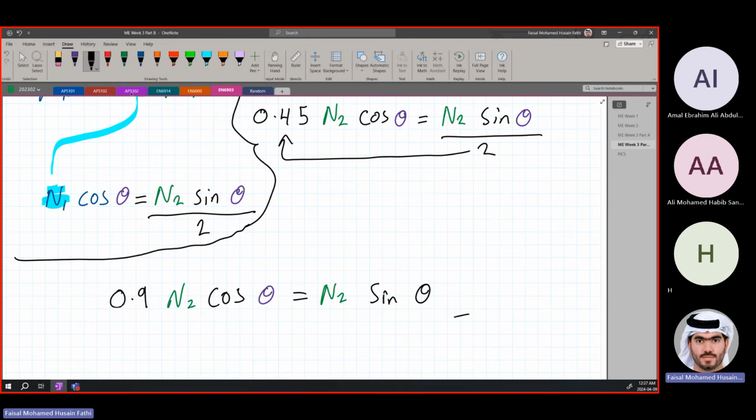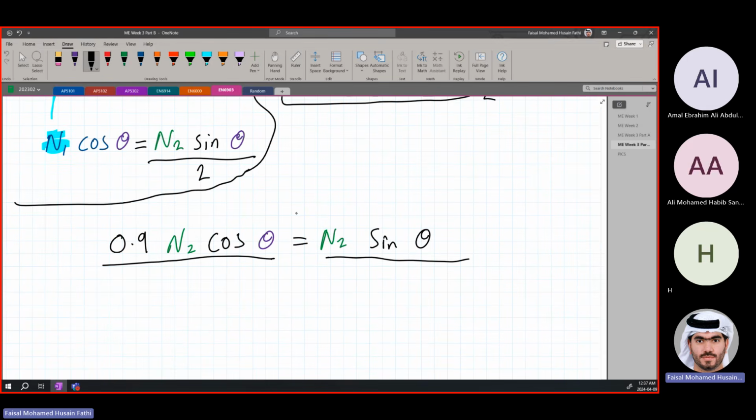And now we're going to divide both sides by N2 cosine theta, so we can get the cosine and the sines together and the thetas together, and we can finally solve for theta.